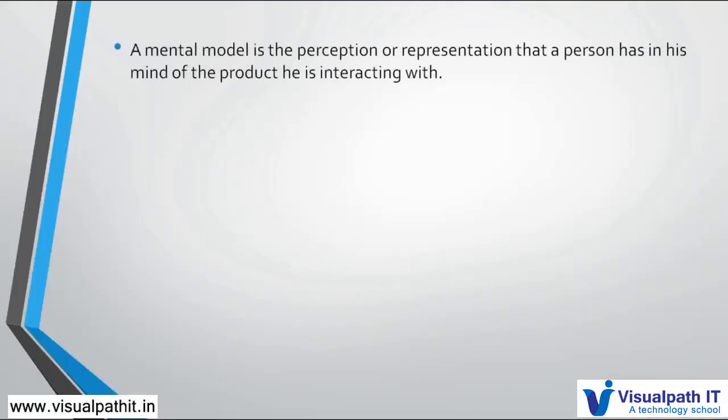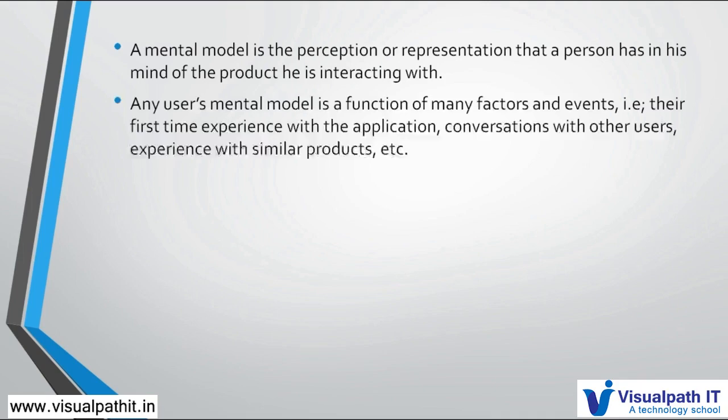A mental model is the representation that a person has in his mind of the product he is interacting with. Any user's mental model is a function of many factors and events.